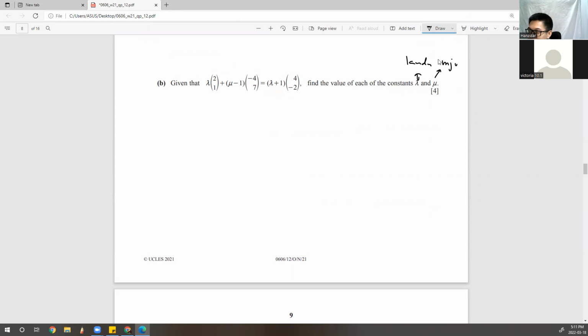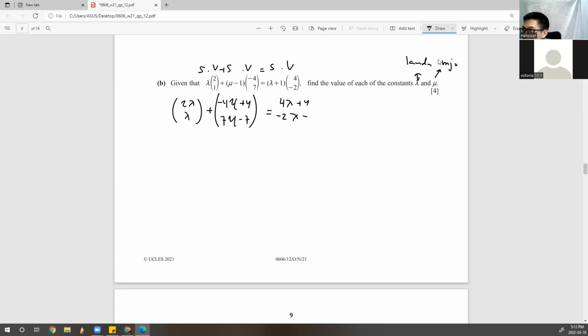I just write lambda times 2 is 2 lambda, and lambda, plus negative 4 mu plus 4, and then 7 mu minus 7, equals 4 lambda plus 4. You just multiply like this because this is a scalar times a vector plus a scalar times a vector, and you can simplify later on.